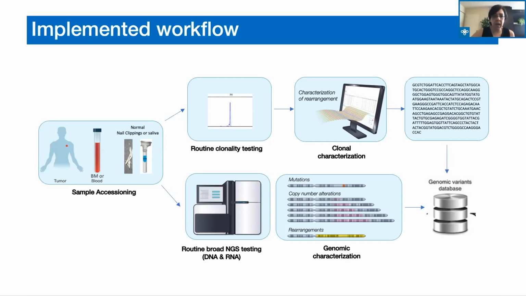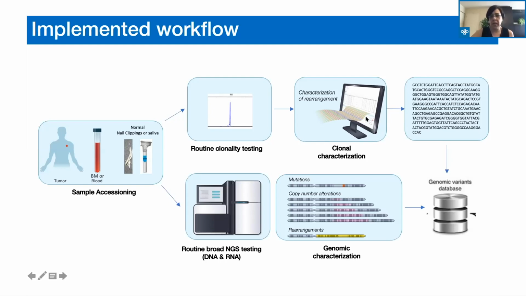But then at the same time, every single lymphoid malignancy also gets clonality testing. Our clinicians are hoping for a diagnosis within about 2 days, so we usually screen them by fragment analysis. If the fragment analysis shows a positive result, then we go ahead and characterize the clone.